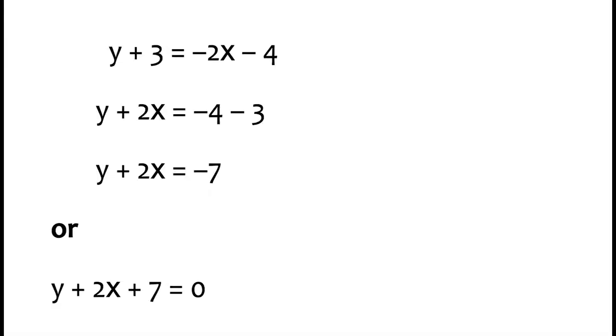So we have y plus 2x equals to minus 4 minus 3. And by the directed numbers, minus 4 minus 3 is minus 7. Hence, our y plus 2x equals to minus 7.